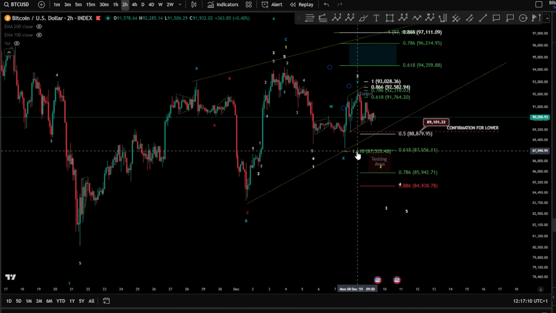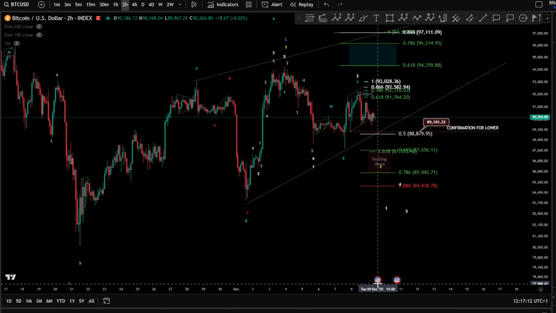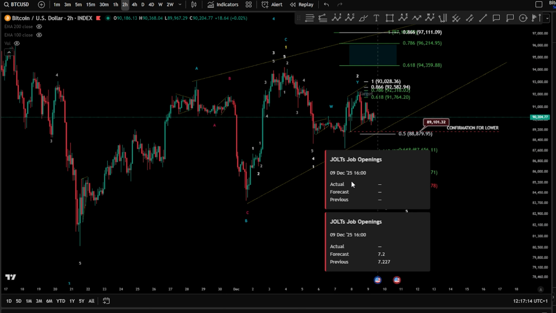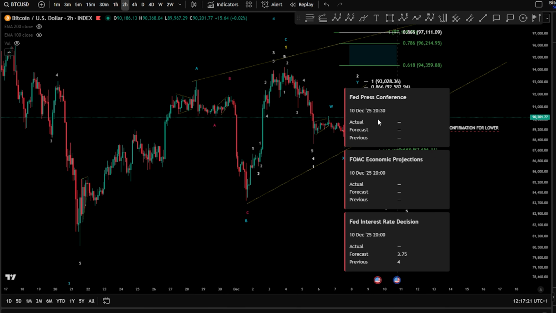Now, I would like to mention that we have some news today. So be careful, it might be volatile, but the most volatile news is tomorrow. Tomorrow, we're going to get the interest rate decisions. This is a very important economic event.